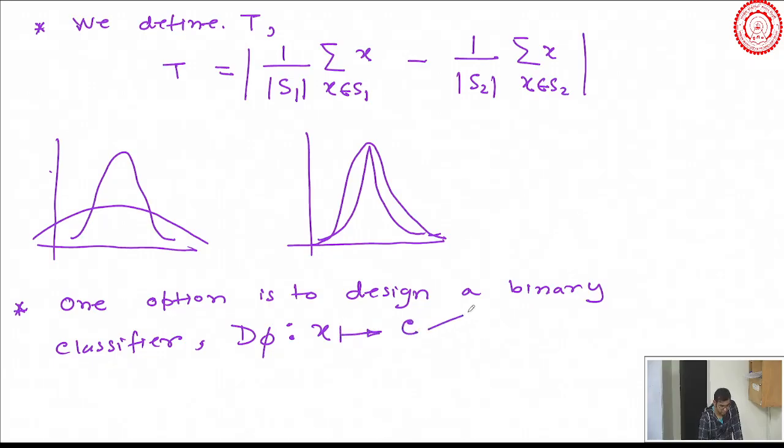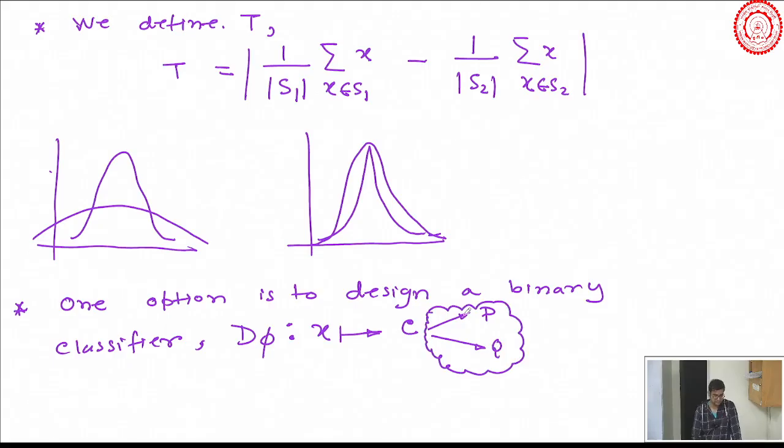And C has two options in our case, one is P, the other is Q. Binary classification, right?